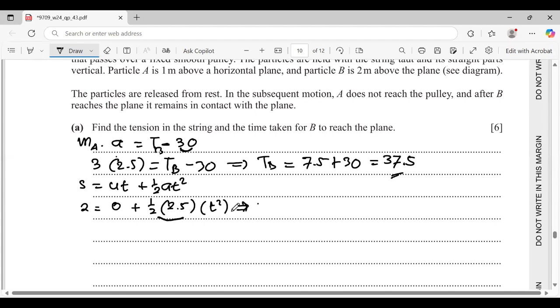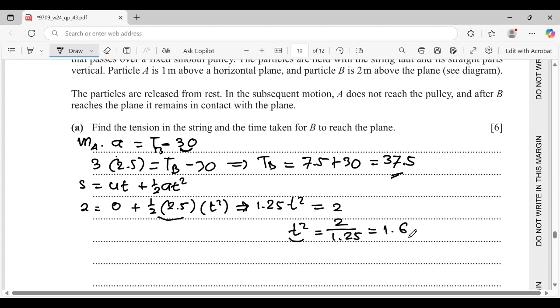If you calculate this, it becomes 1.25 t squared equals 2. So t squared equals 2 over 1.25, and the result is 1.6.